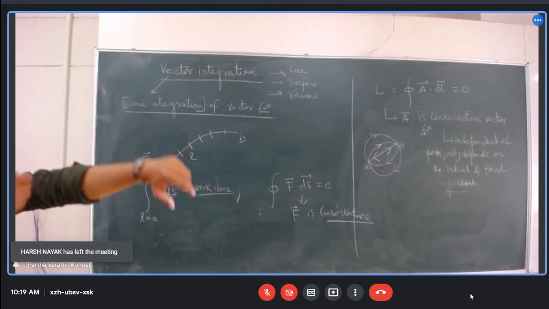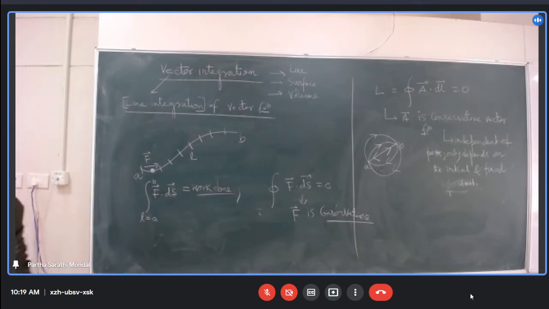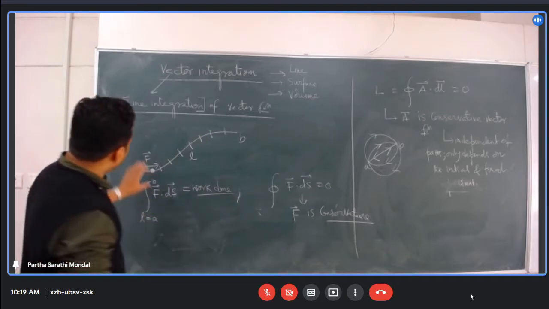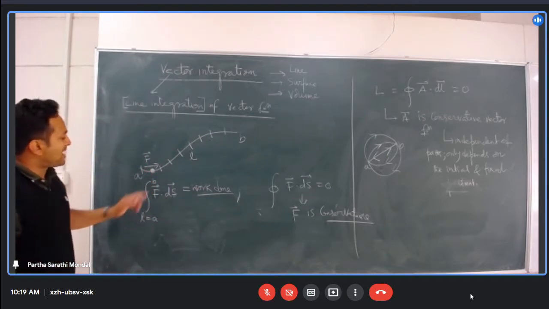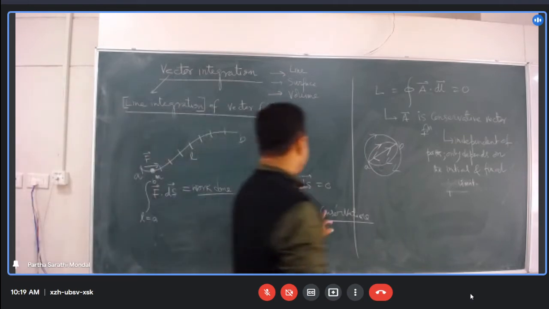Dissipative force means something you cannot recover, like friction. So if you ignore friction in this process, then the force applied to the mass M will become a conservative force.